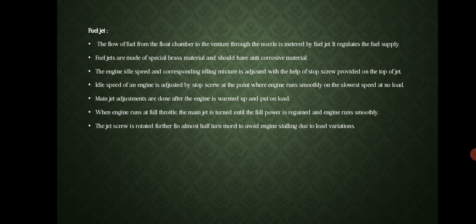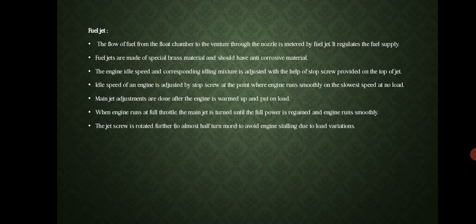The engine idle speed and the corresponding idling mixture are adjusted with the help of a stop screw provided on the top of the jet. Idle speed of the engine is adjusted by the top stop screw at the point where the engine runs smoothly at the slowest speed at no load.